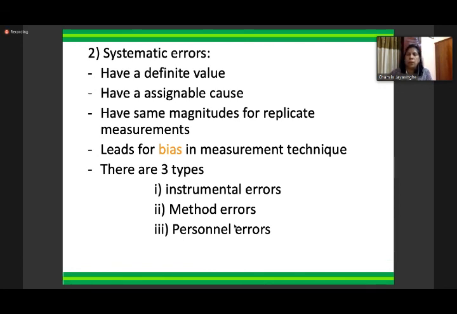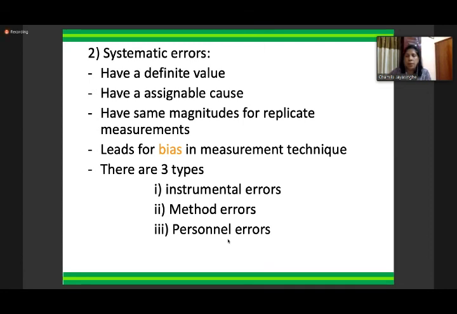So the instrumental error, method error and personal errors are errors caused by our own hands. For example, if we are asked to take the crucible using a pair of tongs and instead take it by hand, then what is on the hand gets transferred and the data changes. Likewise, we make so many personal errors during our analysis. So for systematic errors, if the same technician makes some mistake, then the personal errors are there throughout all the data.